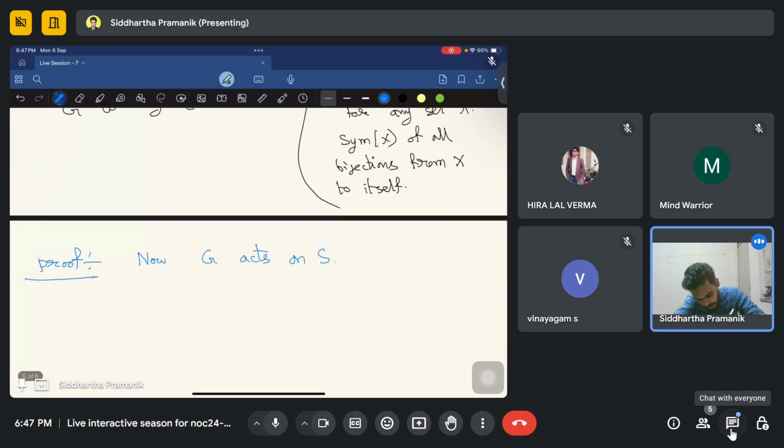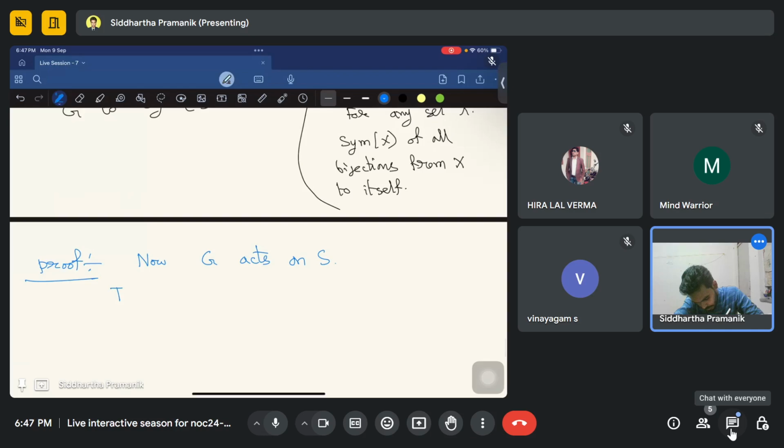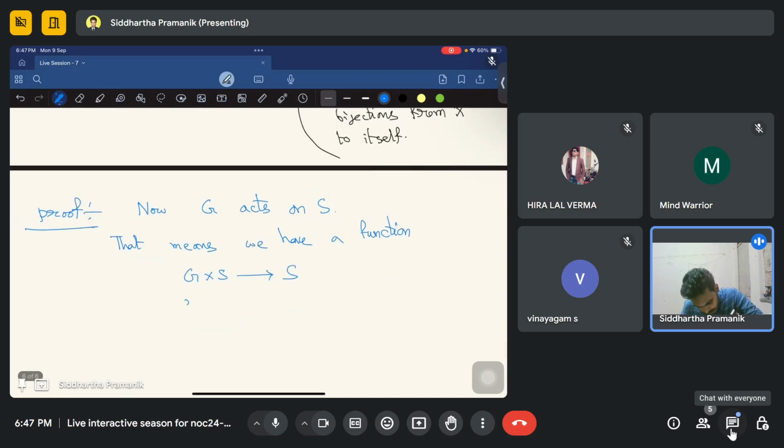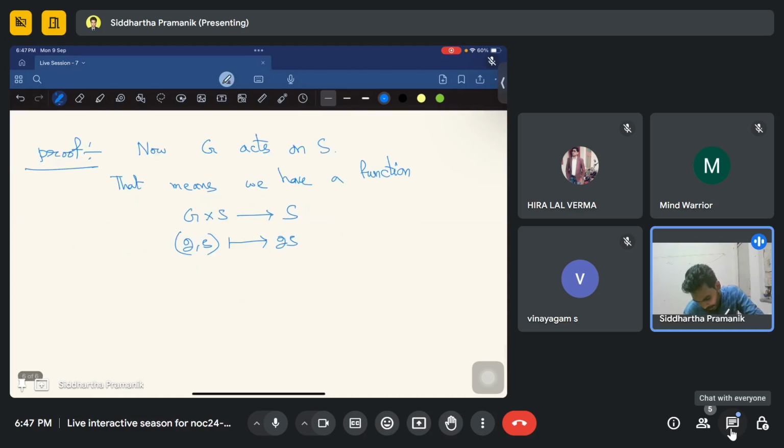So that means we have a function from G cross S to S, right? Which sends (g, s) to g·s, and this satisfies two properties.